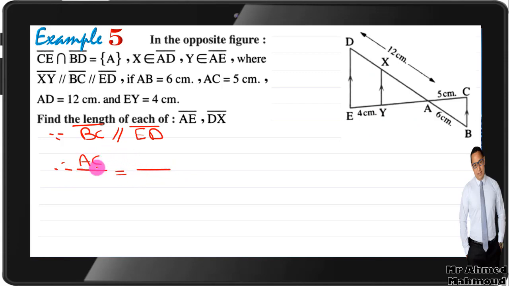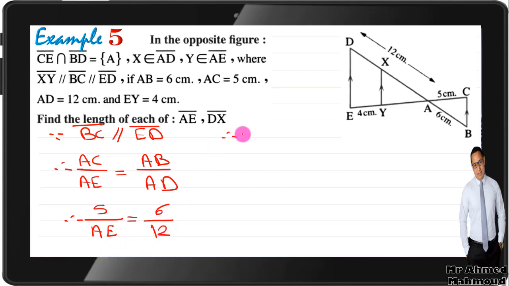Therefore AC over AE equals AB over AD, so 5 over AE equals 6 over 12.